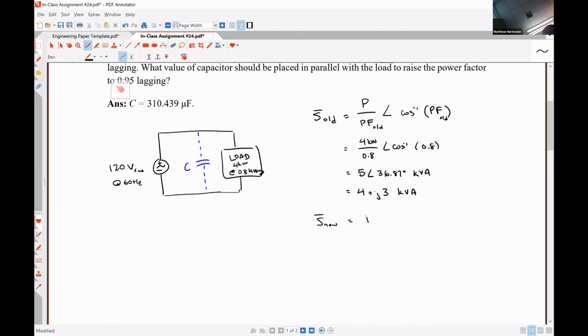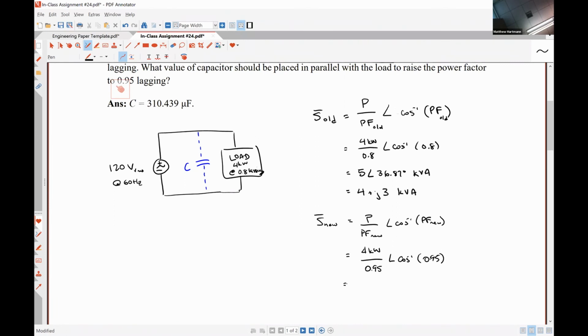So we're just going to have P divided by PF new with an angle of inverse cosine PF new. And because we want our power factor to be still lagging, we're also going to have the positive sign there. So this is 4 kilowatts divided by 0.95 with an angle of inverse cosine 0.95.